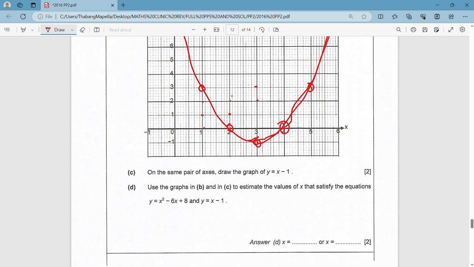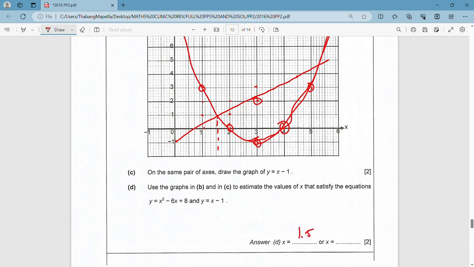Let's draw a line. It should pass here. There's that one, so then one and a half.